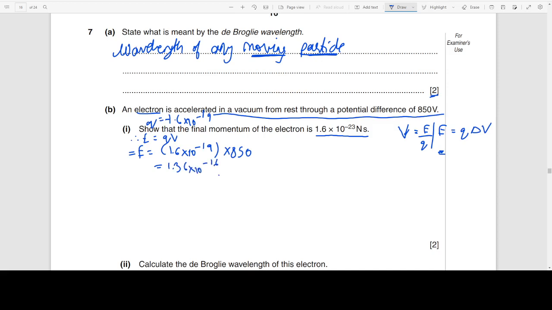And we need to find the final momentum. For that we need the final velocity. We can just use this energy conversion. E equals half m v square, which is 1.36 into 10 raised to minus 16 equals half the mass of the electron, which is 9.1 into 10 raised to minus 31, into v square.